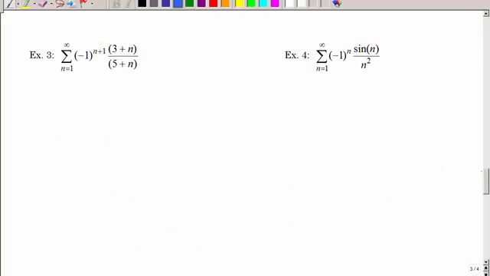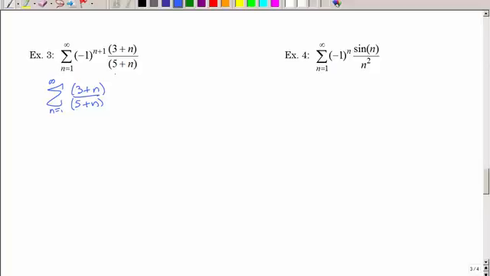Let's look at these. Again, you have some alternating series, but we want to know if they converge conditionally. So if I take the absolute value, then this series turns into 3 plus n over 5 plus n. Not a series I know. Let's see, I don't have any powers of n, not geometric, I don't know.